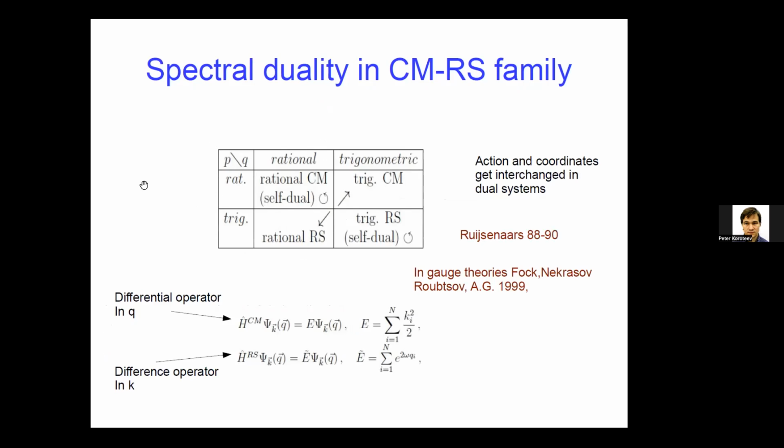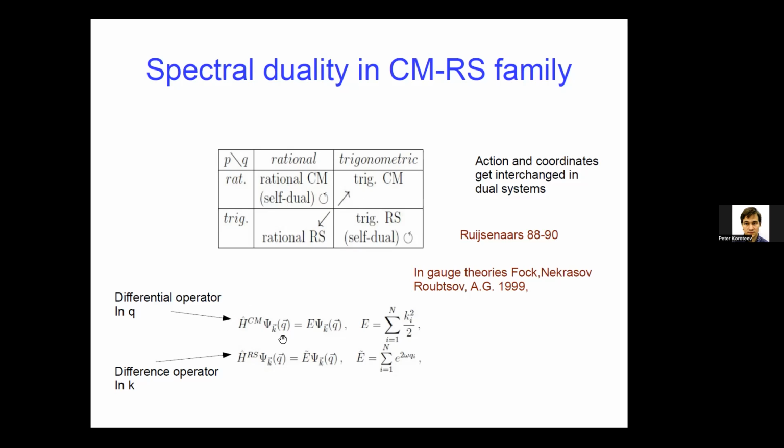The spectral duality in the Calogero-Moser-Ruijsenaars family was introduced by Ruijsenaars, and in this sense the rational Calogero-Moser system is self-dual. In this case, action and coordinate variables enter symmetrically. And as mentioned in the previous talk, the trigonometric Calogero-Moser system is spectrally dual to the rational Ruijsenaars-Schneider model.